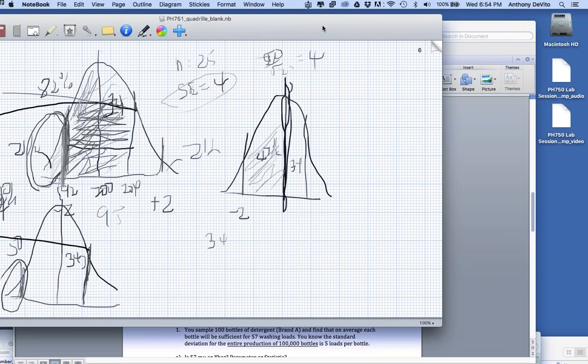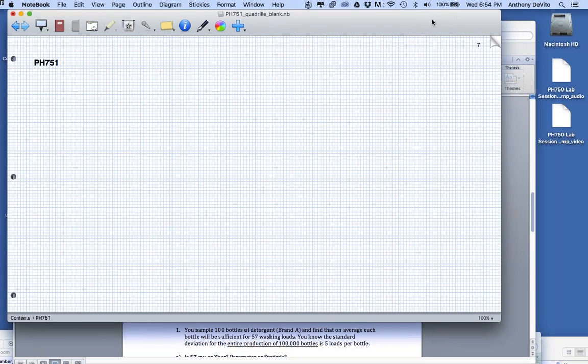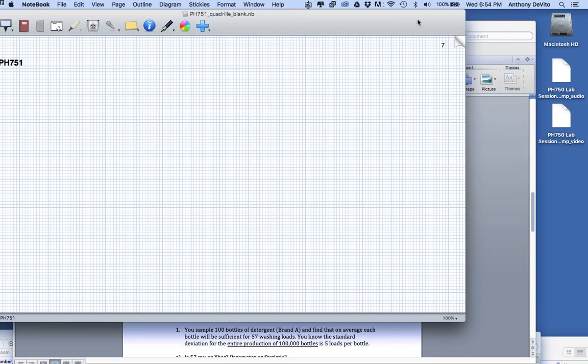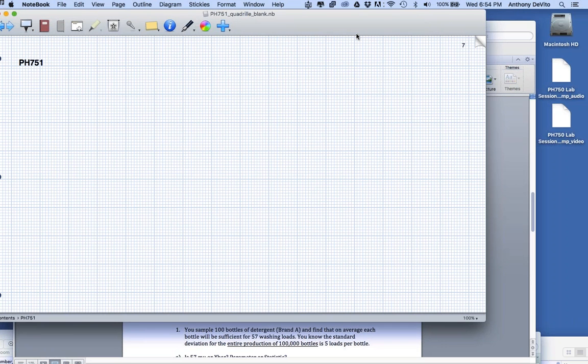Okay, so now I'm going to create a new example on the fly. Now I go and I sample a population, and I'm going to take a sample size of 25, right? And I find that my mean from that sample is equal to 100, right?